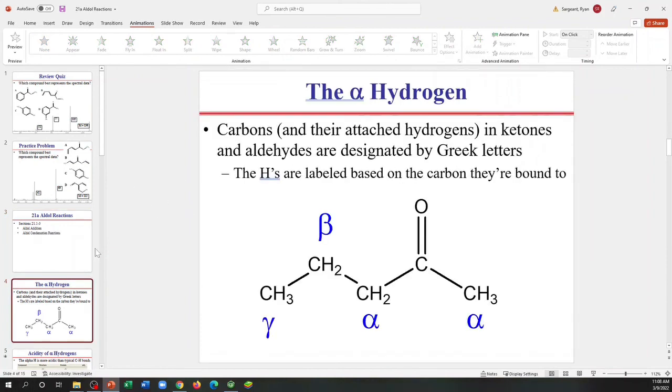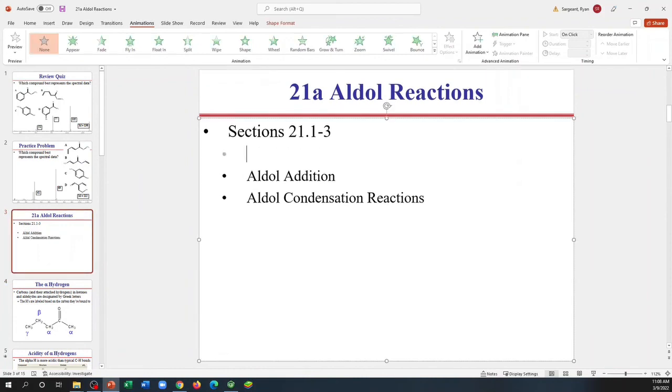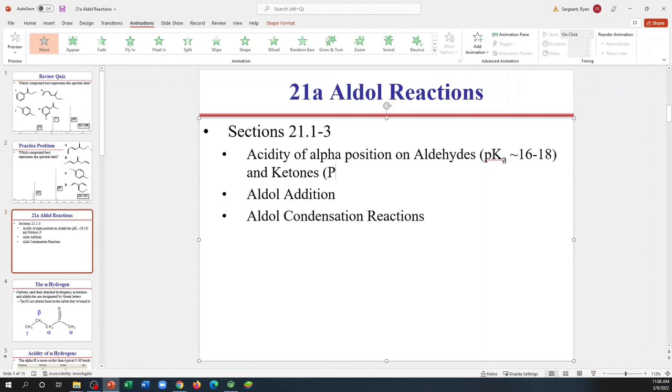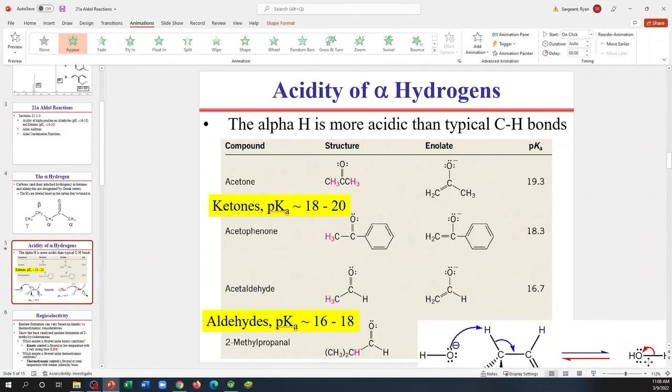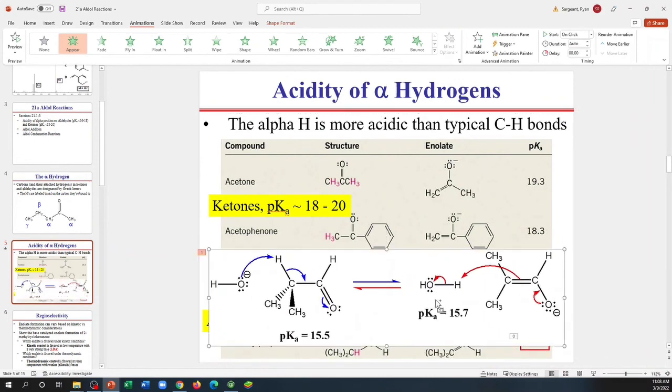Before we got to either of those, we talked about the acidity of the alpha position on aldehydes, where the pKa was approximately 16 to 18, and ketones, where the pKa was approximately 18 to 20. I'll make sure that that's consistent with the notes that I have right there. Yep, 16 to 18, 18 to 20.